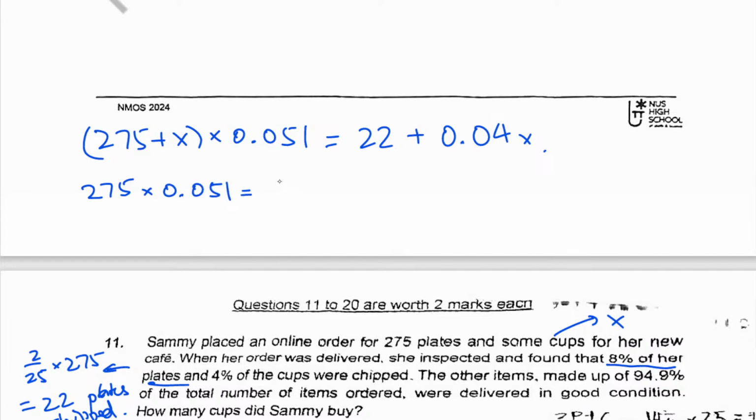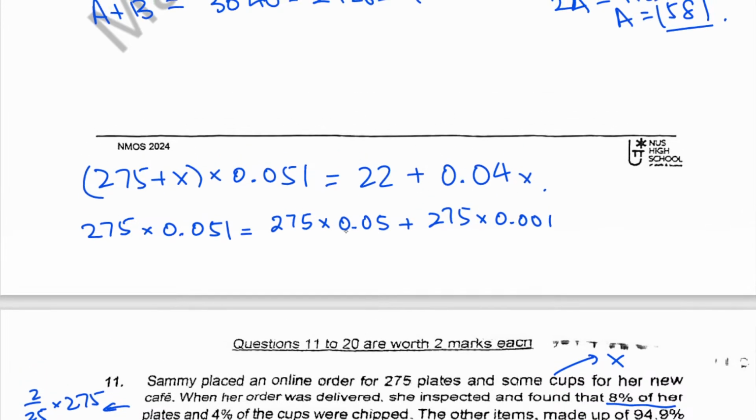So this is equal to 275 times 0.05 plus 275 times 0.001, which is equal to 275 divided by 20, which is 13.75, yes, plus 0.275.